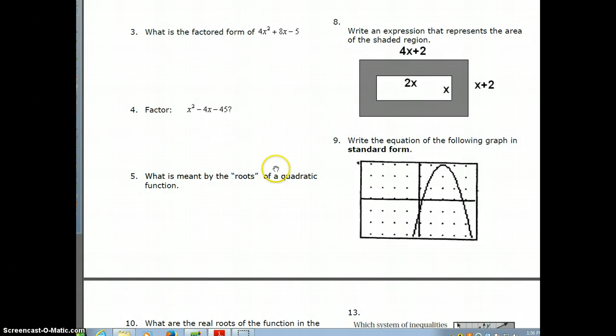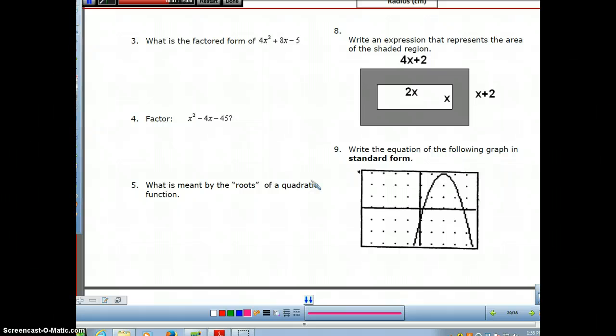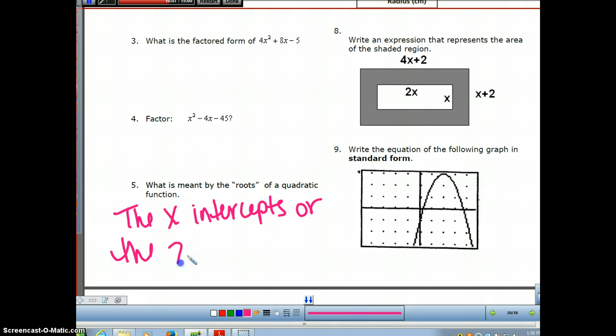All right. So number 5, it says, what is meant by the roots of a quadratic function? Who got that one? Addie? The x-intercepts, or the zeros. Good.